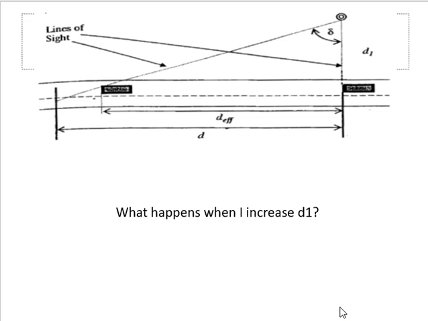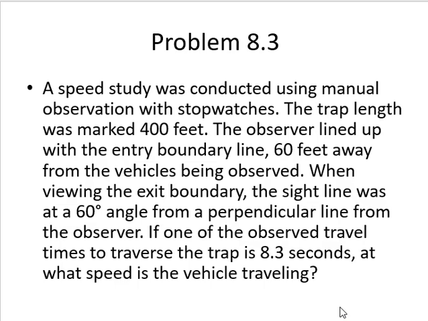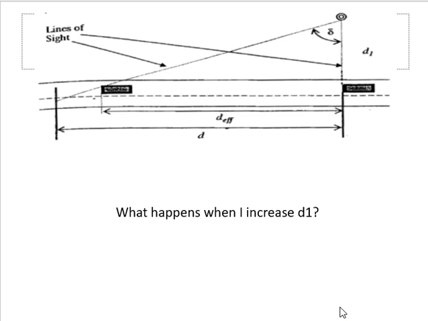How? Let's say we were doing a speed study using the stopwatch, and the trap length was 400 feet. Which distance is 400 feet? D is 400 feet.